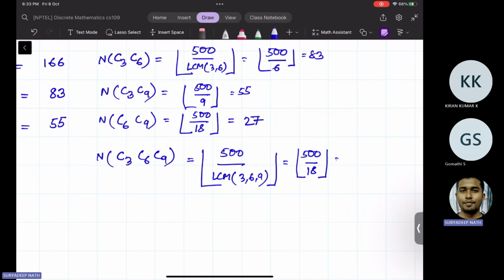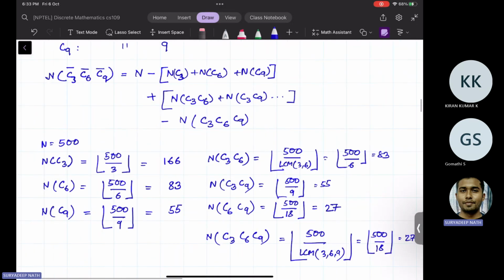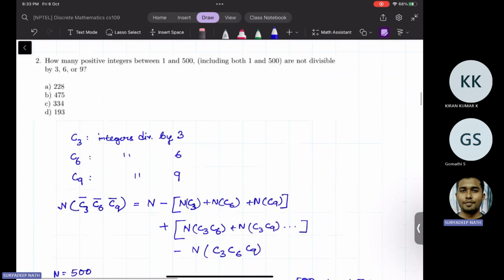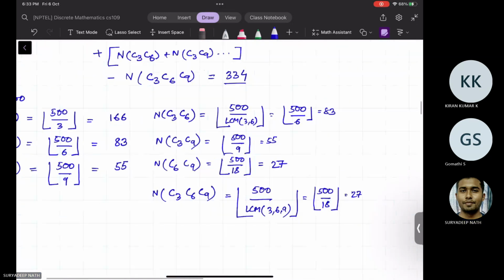So this is again 27. If you numerically substitute it, the answer is 334. This is just a numerical substitution, and I hope this is a straightforward question and it is clear to everyone.